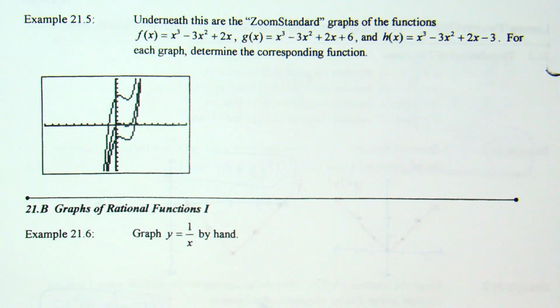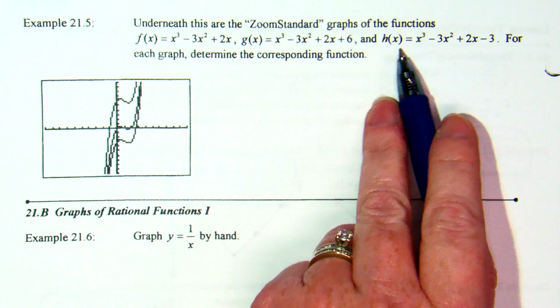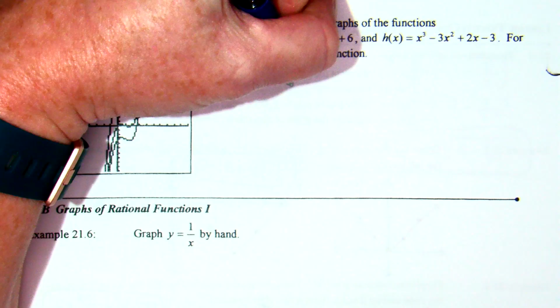Okay, so for instance, if I look over here at h of x, basically, he's putting 0 in for x. If you put 0 in there, you're going to get negative 3, and that is the y-intercept. Which graph has a y-intercept of negative 3? That one right there. So this graph is h of x.